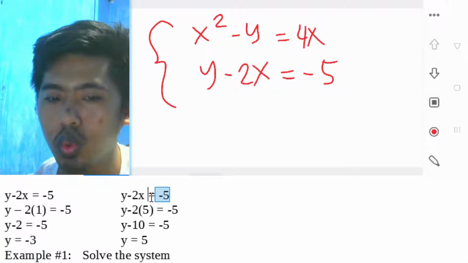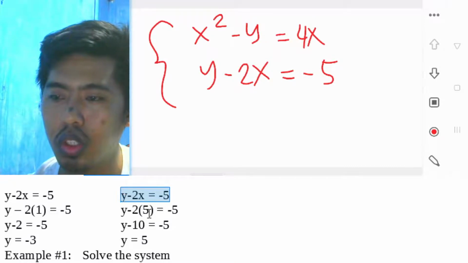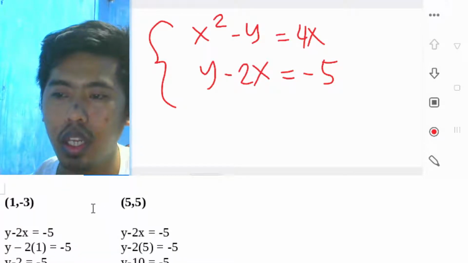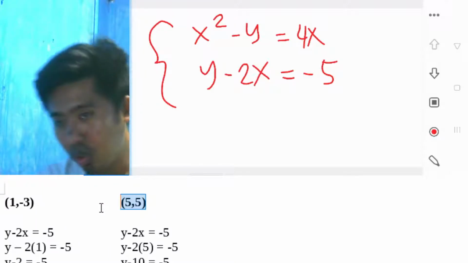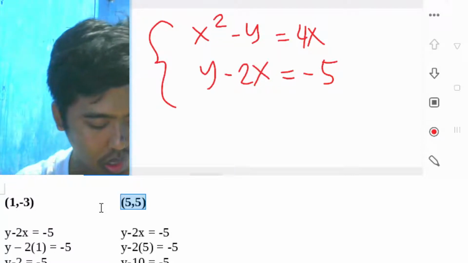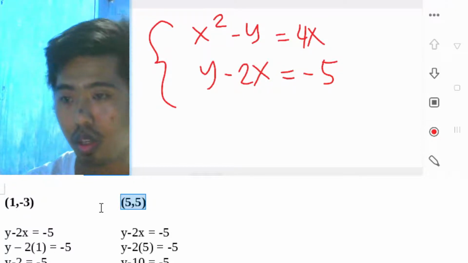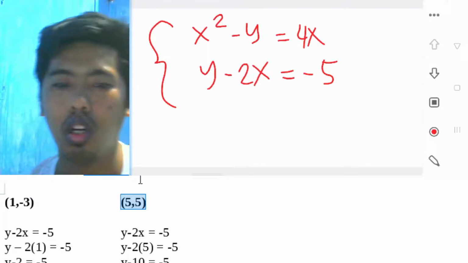Now the next one is y minus 2 times 5, changing the x into 5, so I have positive 5. So meaning here, if the x is 1, the y is negative 3, and if the x is 5, the y is positive 5. So those are our solutions. Okay, again, those are our solutions.